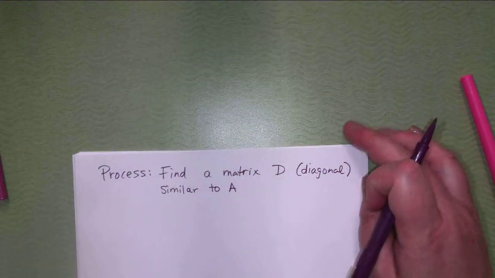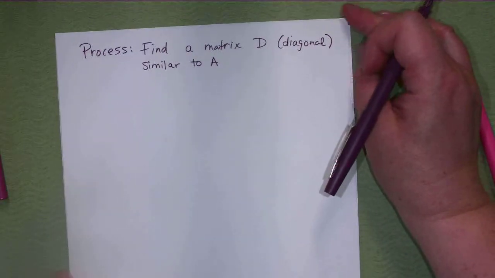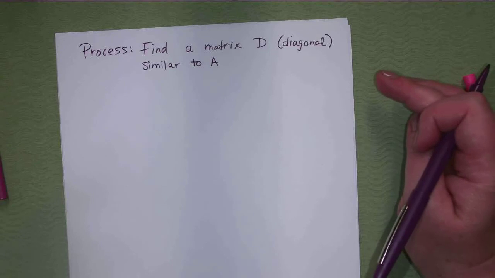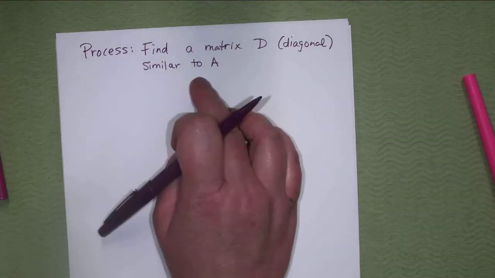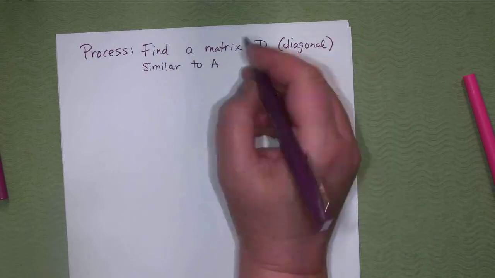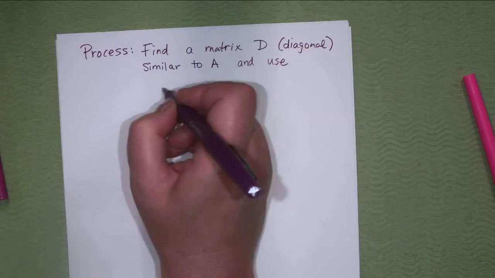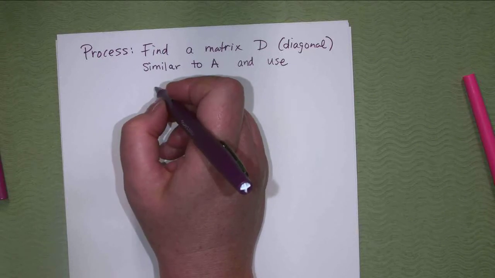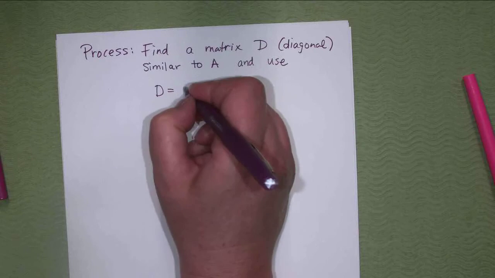If we found a diagonal that's similar to A, then what do they have in common? So similar matrices have the same characteristic polynomial, the same eigenvalues, same determinant. Okay, so we're going to find a diagonal that's similar to A and use it. Actually, let me write it this way.